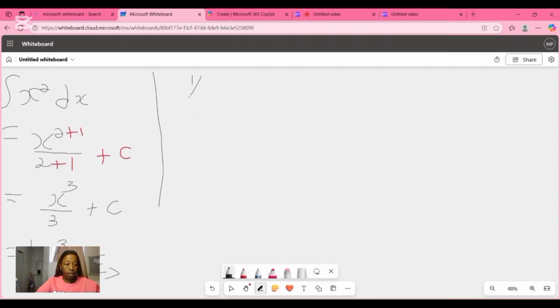Number 1, we're going to have an integral of pi to the power ln x over x dx. So this is our first example.